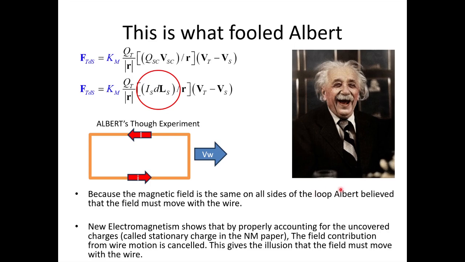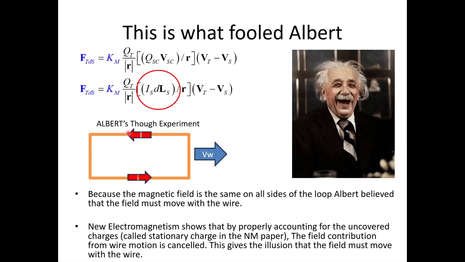Okay, now when we come down here, we write it down for the next page here, and we understand from the identity we can replace QSC times VSC, which works out to the current in a source fragment times the differential length of the source. And at this point, the field intensity that we're seeing is totally decoupled from the velocity of the wire.